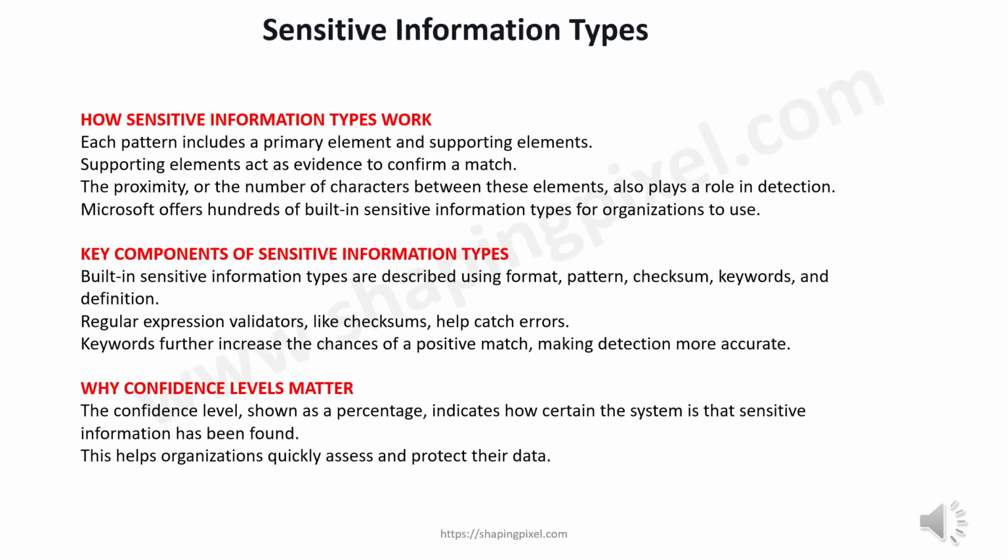Each pattern includes a primary element and supporting elements. Supporting elements act as evidence to confirm a match. The proximity, or the number of characters between these elements, also plays a role in detection. Microsoft offers hundreds of built-in sensitive information types for organizations to use.